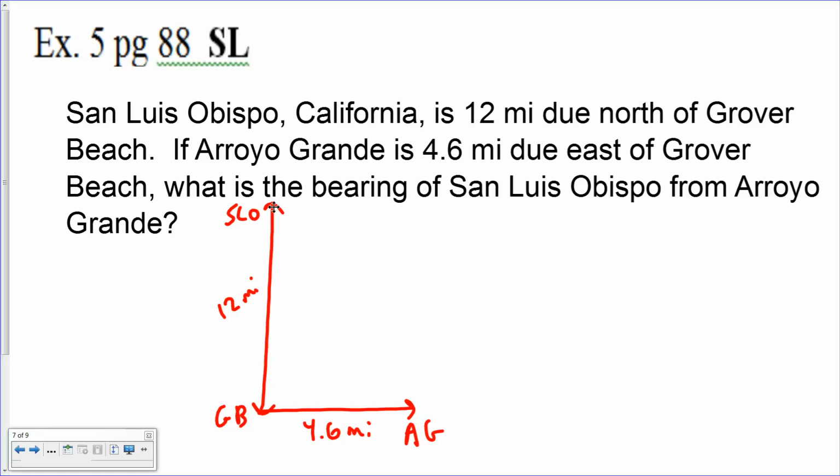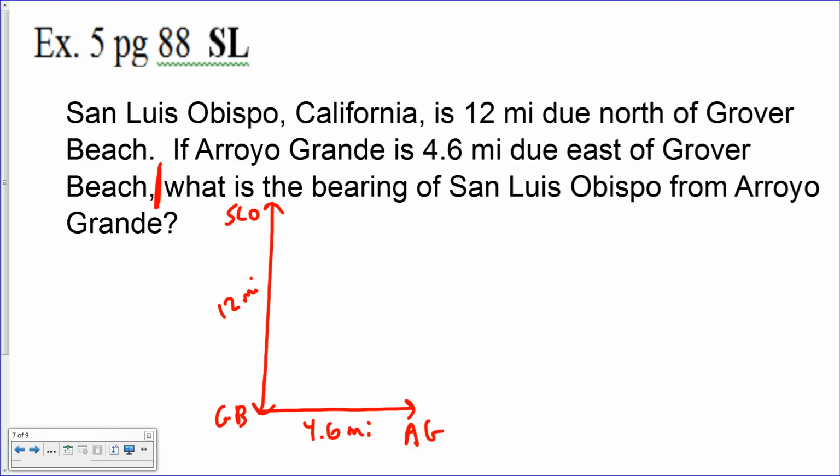I don't have to look at that part, so now I'm right here in what I need to do. Make sure you label what you're trying to find. What are you trying to find? You're trying to find the bearing of SLO from Arroyo Grande.